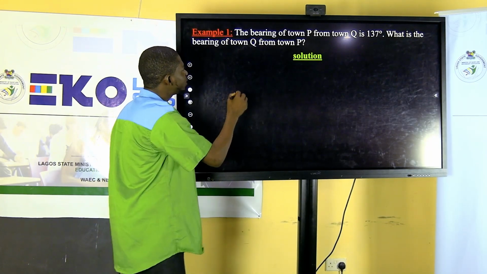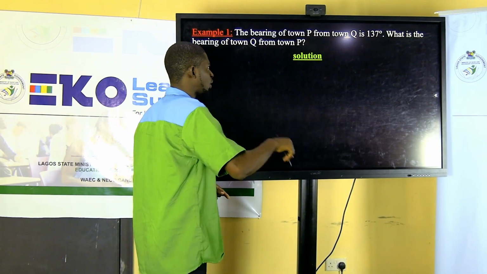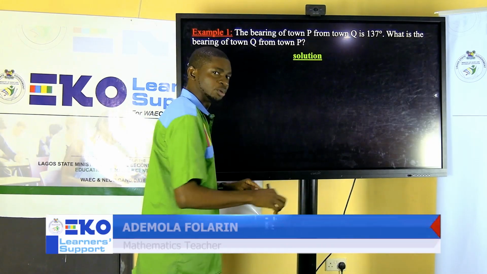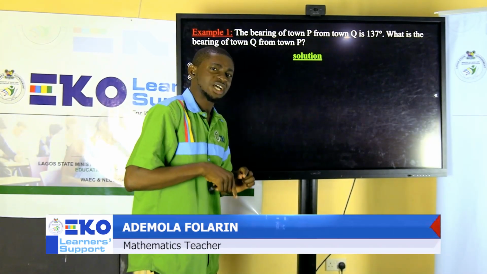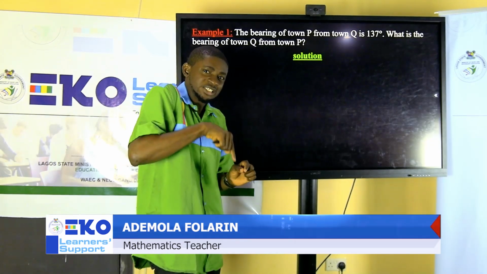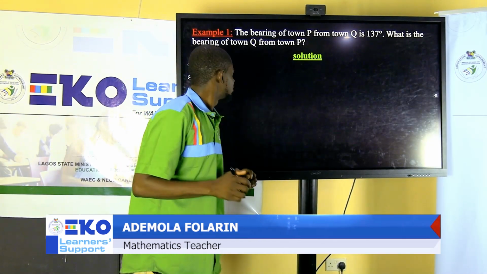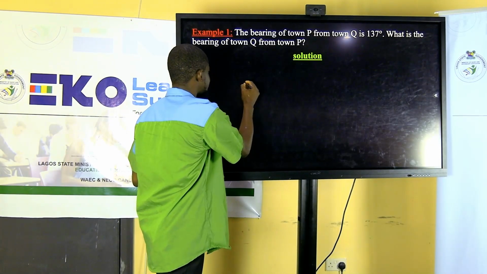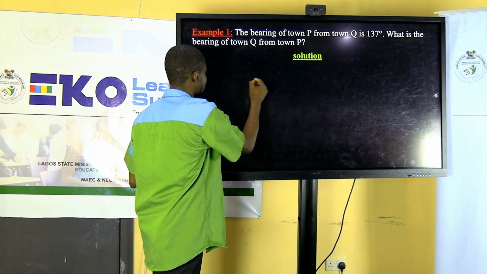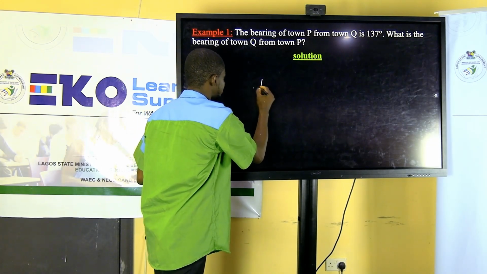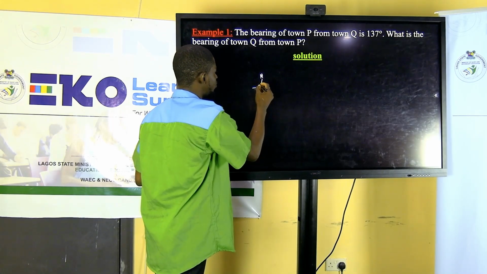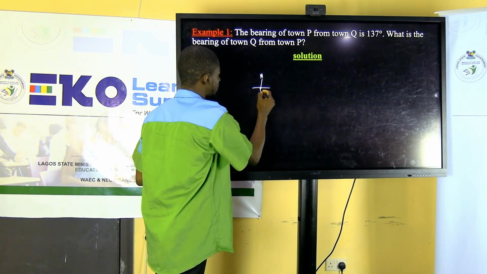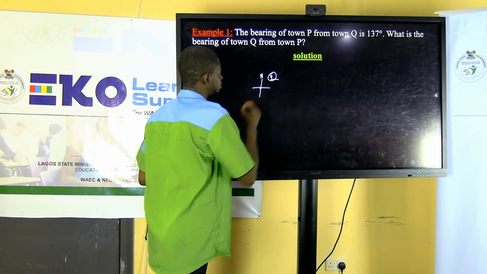The bearing of town P from town Q. Because it's from town Q, town Q is our point of reference. That is our starting point. So let's take this, the North Pole. If this is our town Q, this place being our town Q, let's just read.